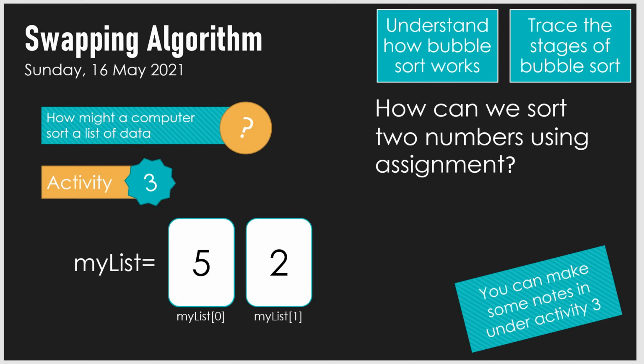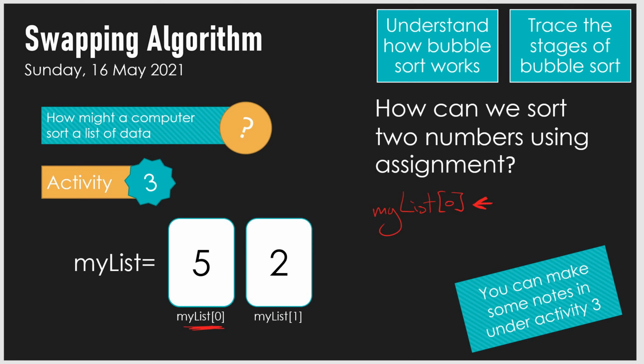Now, before we look at the correct way of doing this, we're going to look at what happens if we don't use the correct way of swapping data. Now, when you want to assign a value to a variable, for example, if we want to assign a value to this index of the array, we would say, for example, mylist bracket 0, so index 0, then we would say arrow, which is the pseudocode way of saying assign to.